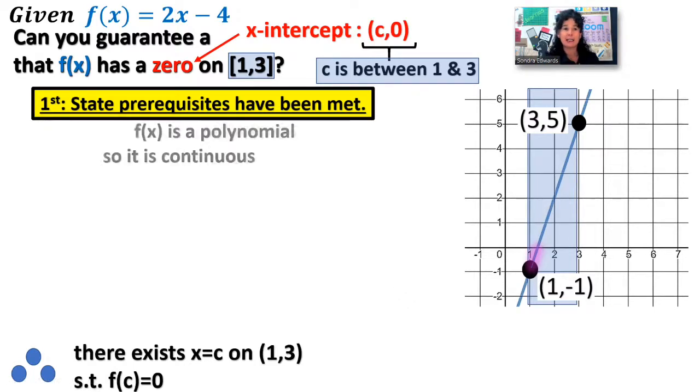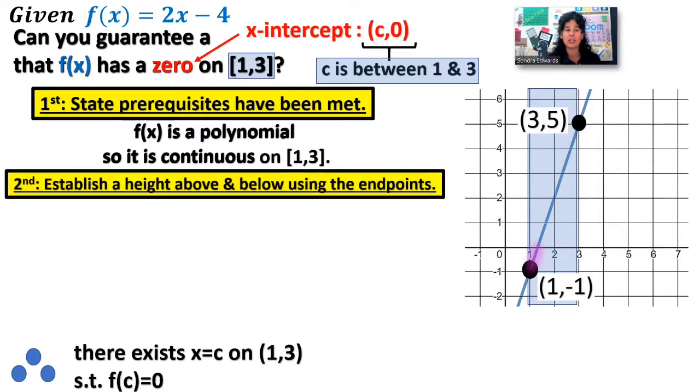But what we can say is that since f of x is a polynomial, we know that it's continuous, specifically on the closed interval [1, 3], because if it is continuous everywhere, it's definitely continuous on the closed interval [1, 3].